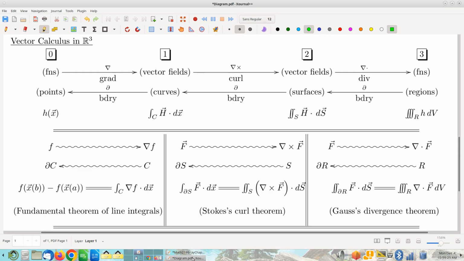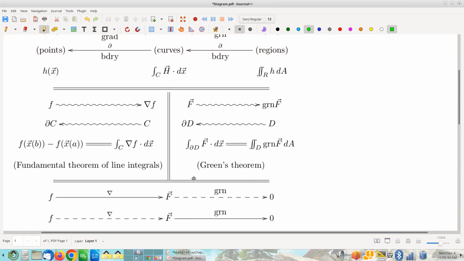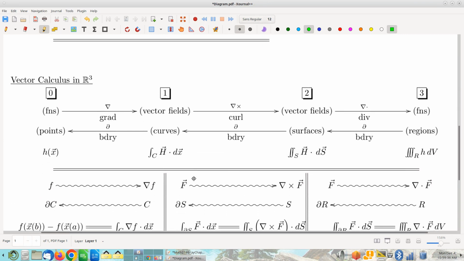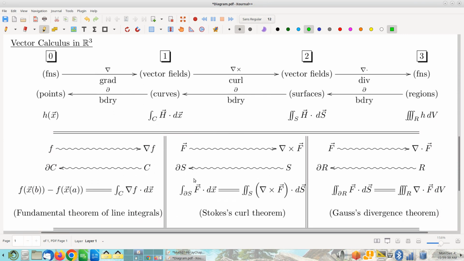This document has this typeset version of the diagram. It has the two-dimensional version and the three-dimensional version that we'll be working with today. So this is on the website. It's in the class materials folder or something like that, but it's right there on the class website.